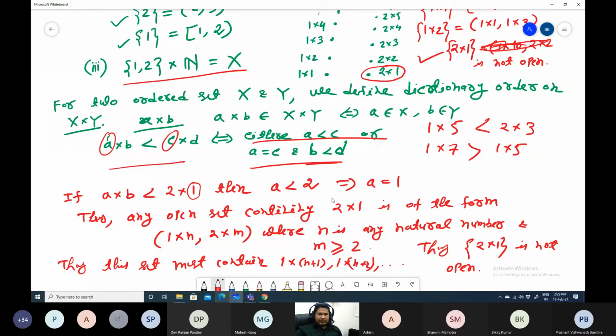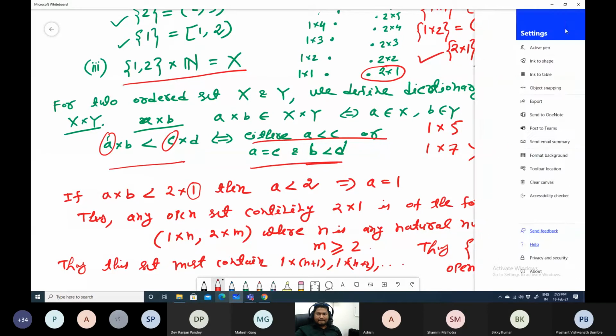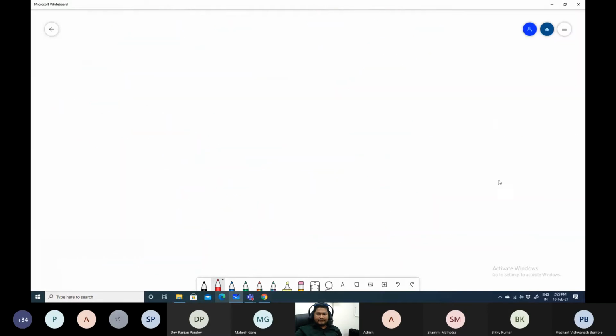Fine. Now I will come back to this problem again, the dictionary order topology. This is how we can define an order topology. Note that the complex numbers are not an ordered set.